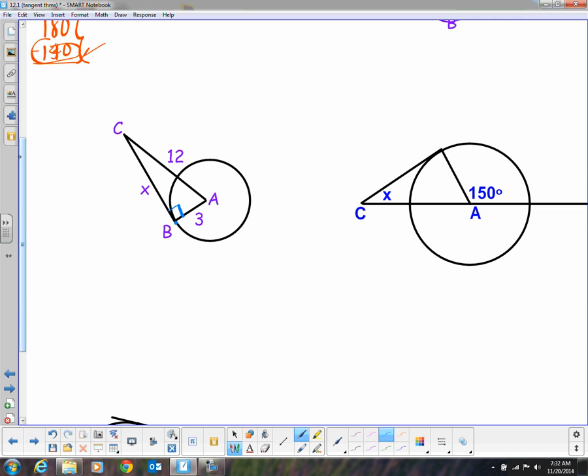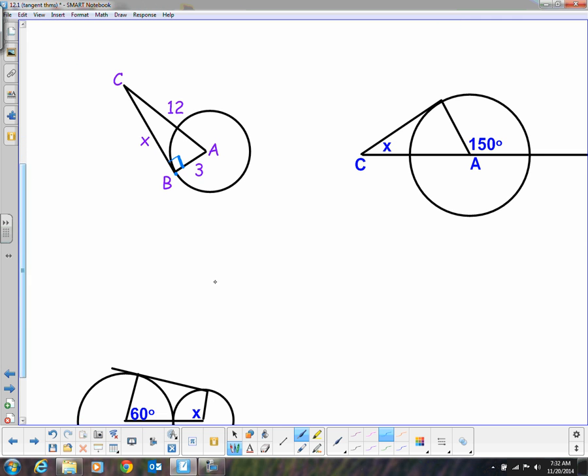What do you think we're going to do to find x this time since we don't have angles? You do know. Everybody in here did really well on that quiz. There's lots and lots of Pythagorean theorem in the rest of this semester.